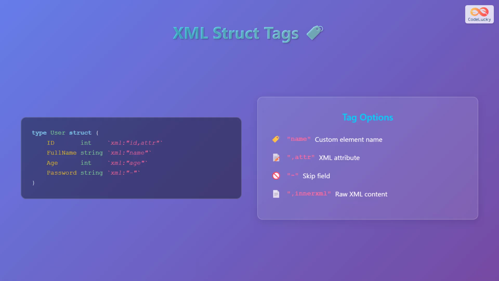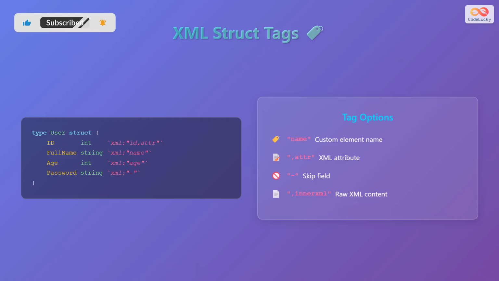The ID field has the tag xml:"id,attr", indicating that it should be mapped to the id attribute in the XML. The FullName field has the tag xml:"name", indicating that it should be mapped to the name element in the XML. The Age field has the tag xml:"age", indicating that it should be mapped to the age element in the XML. The Password field has the tag xml:"-", which means skip the field.